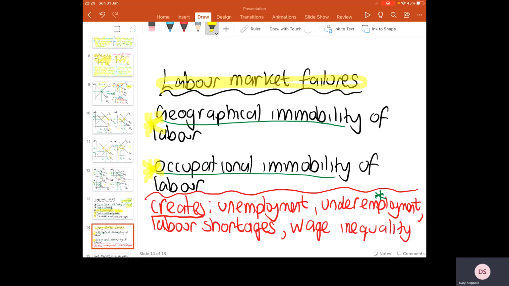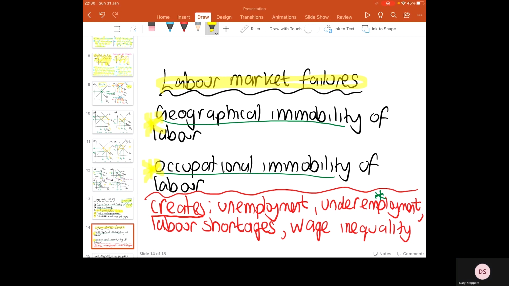It could be that you're unable to work in a different region of your country due to the high cost of housing, the high cost of transport, or the long time of transport. If road networks are congested or train lines are too slow, etc., that can also create geographical immobility of labour.